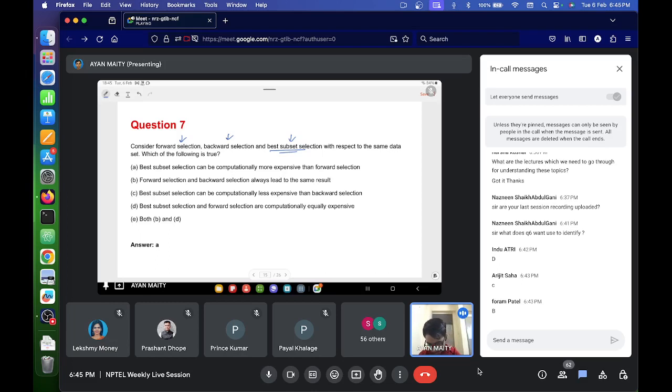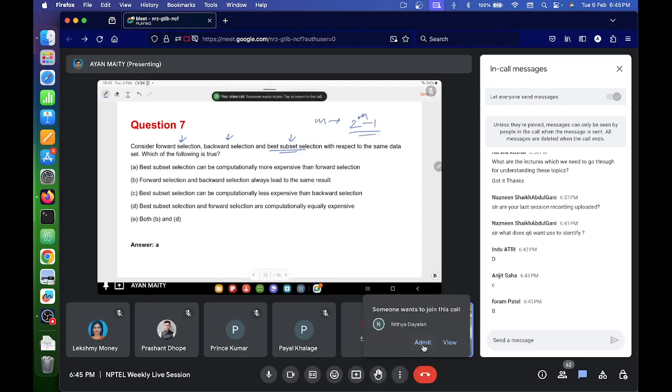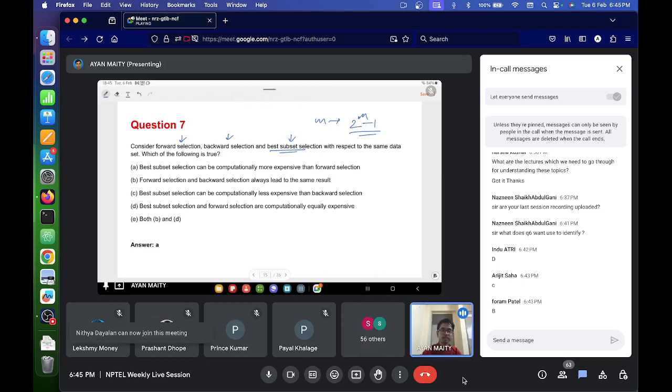If there are m features, then 2 to the power m minus 1 is the number of subsets that are possible, which can be huge if m is very high. If m is 20 or 30, 2 to the power m minus 1 would be very high. But this is what the best subset selection method tries to do. It goes through all the possible subsets.